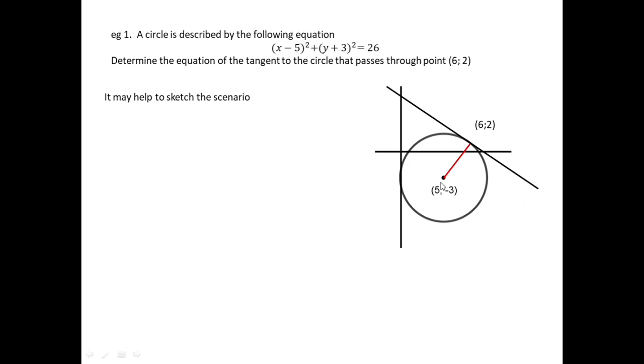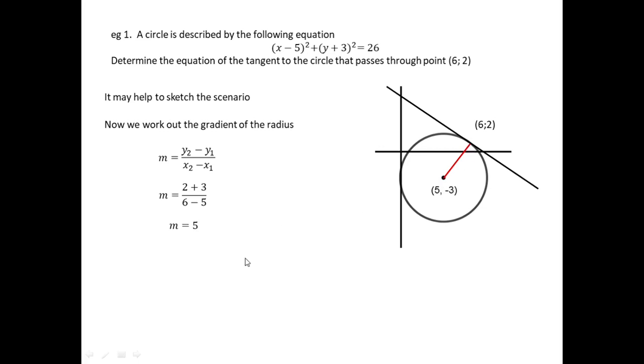So if we can work out the gradient of the radius, then we can use analytical geometry to work out the gradient of the tangent, and from there we can work out the equation of the tangent. So let's start with the gradient of the radius. There's the gradient formula. We fill in the coordinates of the center and of this point of contact at the end of the radius, and we get a gradient of 5.